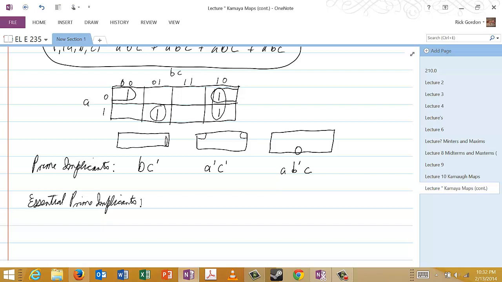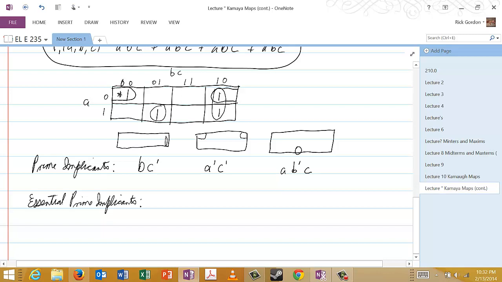Let's start maybe with this one at the upper left hand corner, and we ask, is this one cell an essential one cell? And the answer is yes, because it is contained only within the prime implicant A prime C prime. It is not contained within any of our other prime implicants, and therefore this is an essential one cell.